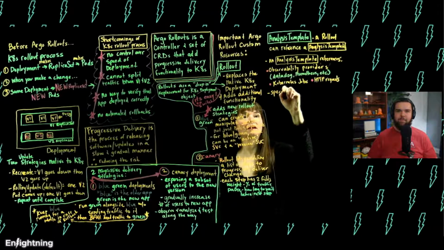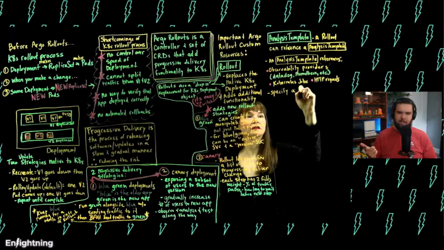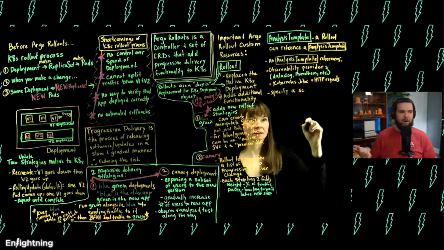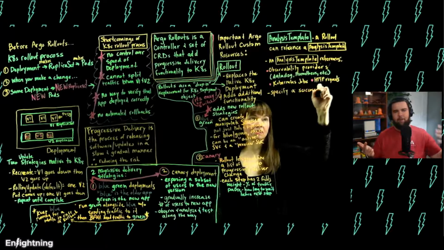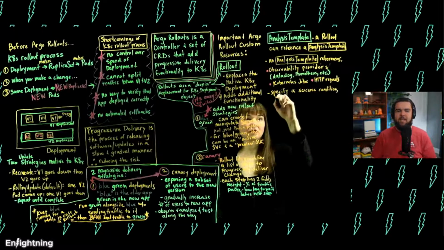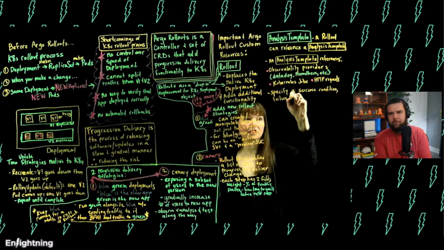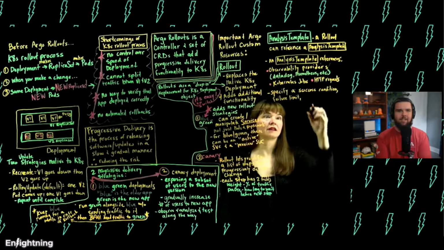So you specify a success condition, a failure limit, and where you're pulling your metrics from, your providers. Basically, those are the main three things in an analysis template. Oh, and the interval at which you poll for that success rate. Okay.